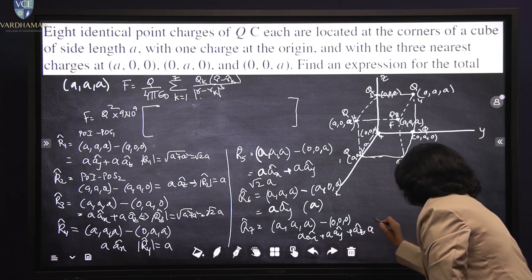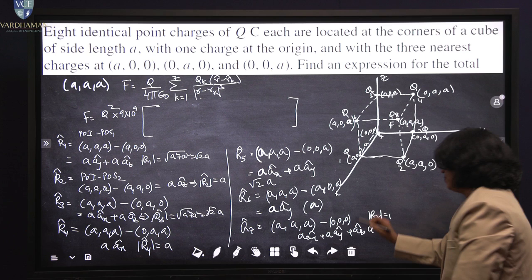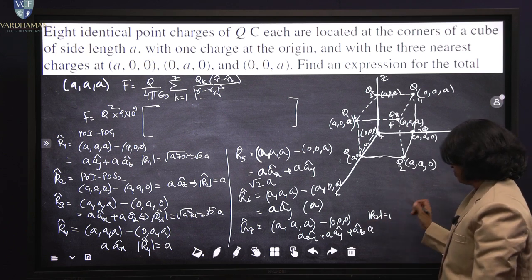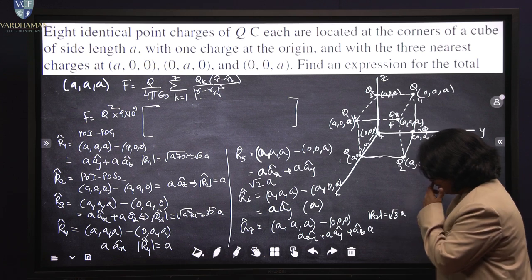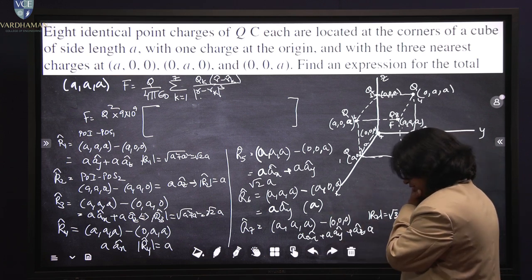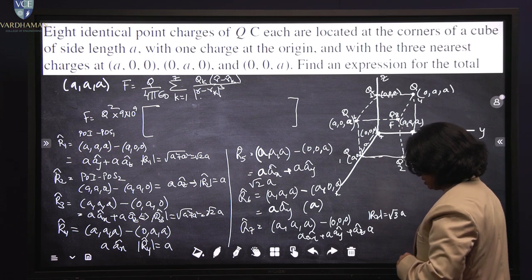Its magnitude is under root of a square plus a square plus a square, which is under root of 3a.